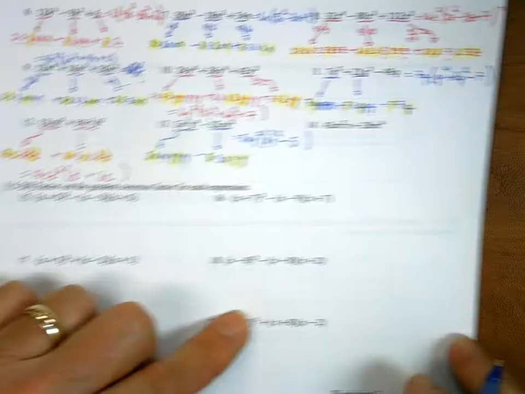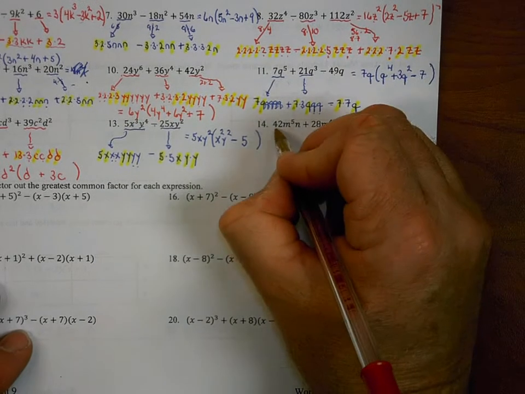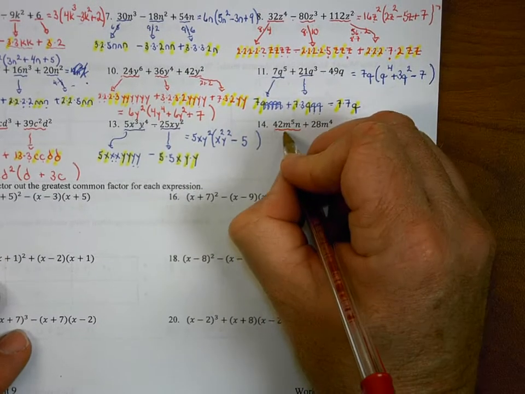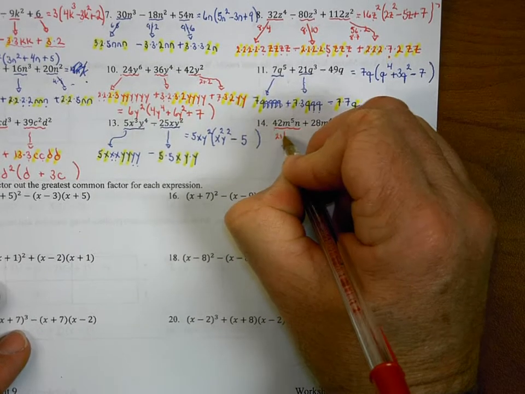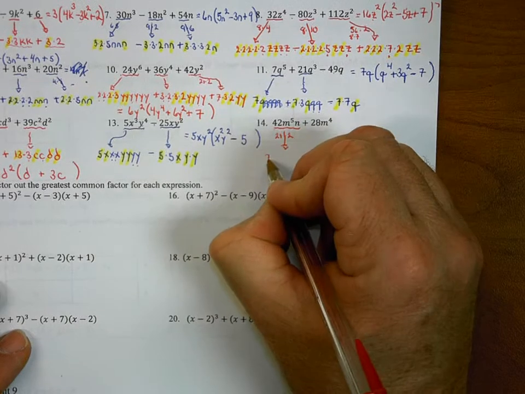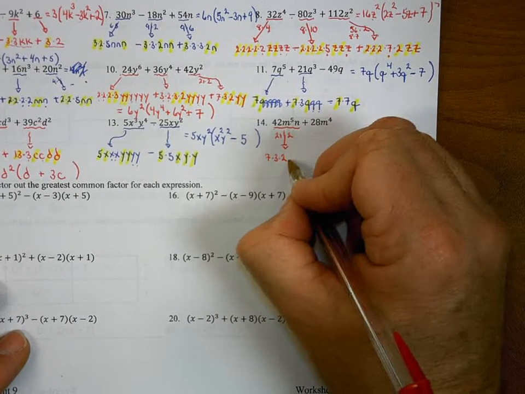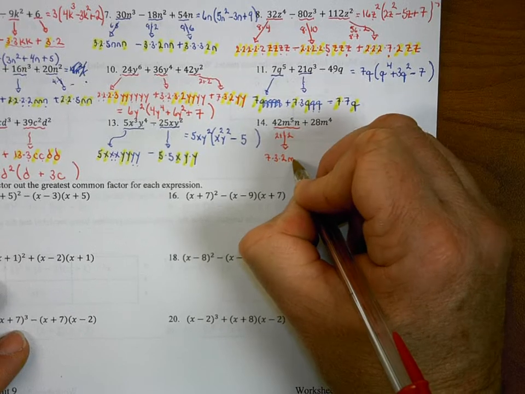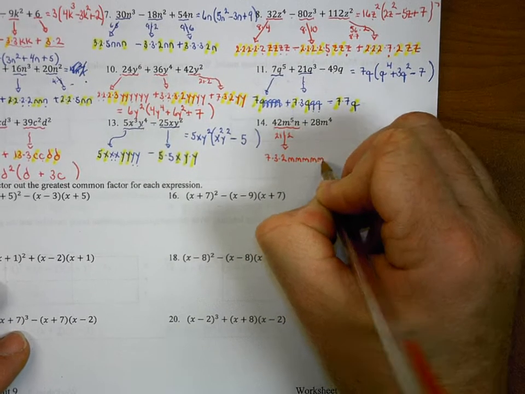Last one, number 14. Okay, so I'm going to take my first term, 42m to the 5th n. I'm going to factor it down. 42 is 21 times 2. 21 is 7 times 3. So 42 is 7 times 3 times 2. M to the 5th n is m, m, m, m, m, n.